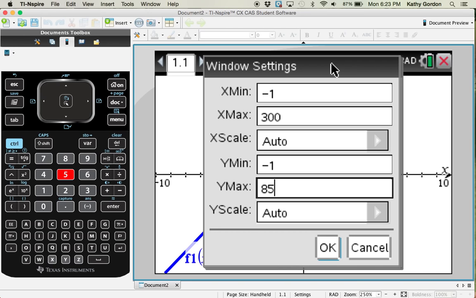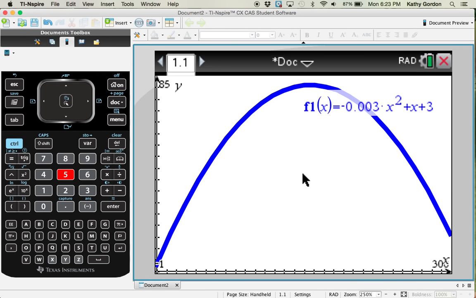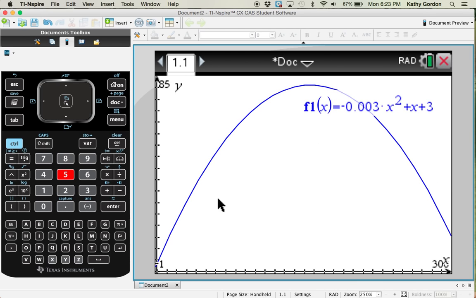That way I'll be sure to see my 81.125 within that, and it gives me a little extra space. Again, we're not going to mess with the y scale, and so now we're going to choose OK. Now you can see the full parabola, or at least a good portion of it. And you can see here is the region where the vertex is going to happen. We really do have a parabola that opens down.